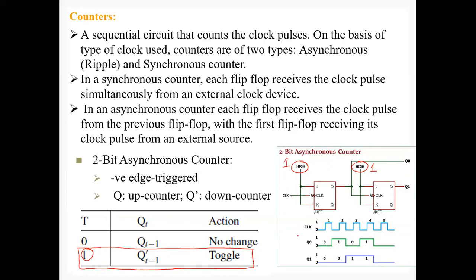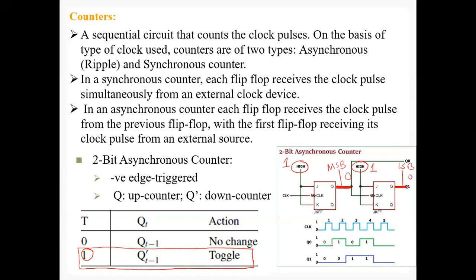Exactly. So this is how it works. This is your least significant bit, LSB. This is your most significant bit, MSB. At the time the most significant is 0, what is the least significant? 0.